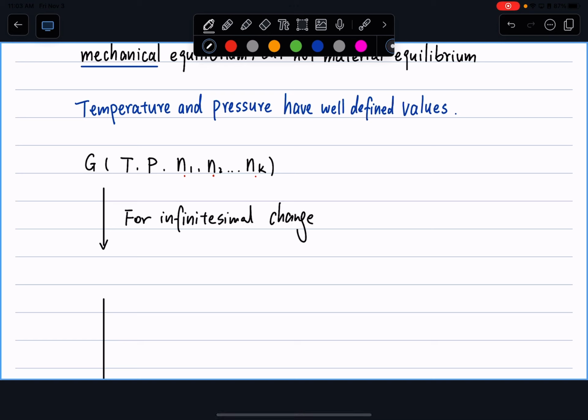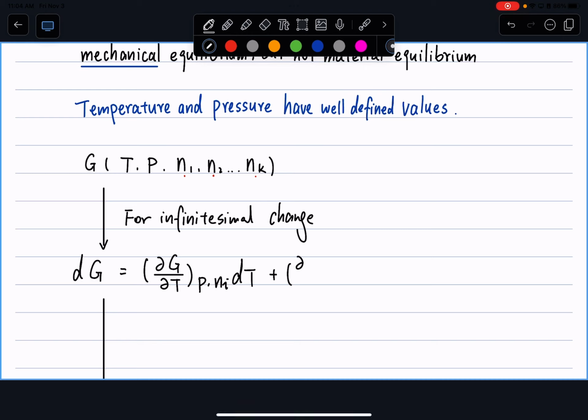If we write the total differential of the Gibbs free energy, what do we have? Well, we have the partial derivative of G over T at constant P and Ni, dT. This Ni, subscript i, just says that's every reactant or product involved in the process.